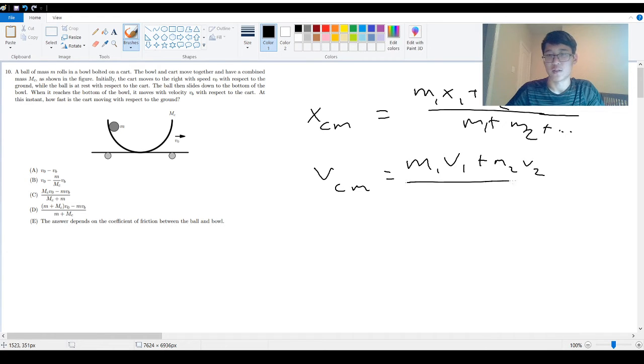And this is actually just another restatement of conservation of momentum, as you can see. So basically that's what we're doing. We're looking at momentum because of this fact.